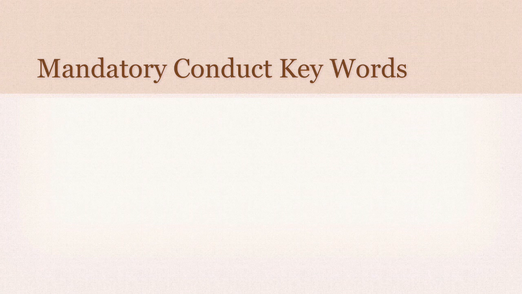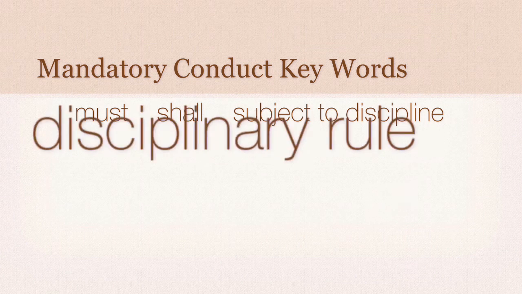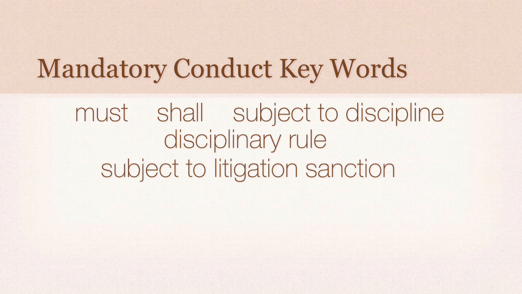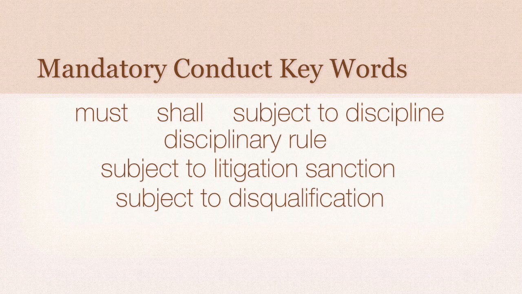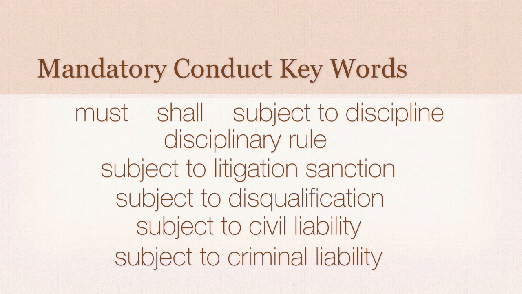Key words to pay attention to with regard to mandatory conduct are as follows: must, shall, subject to discipline, disciplinary rule, subject to litigation sanction, subject to disqualification, subject to civil liability, and subject to criminal liability. These all relate to mandatory discipline.